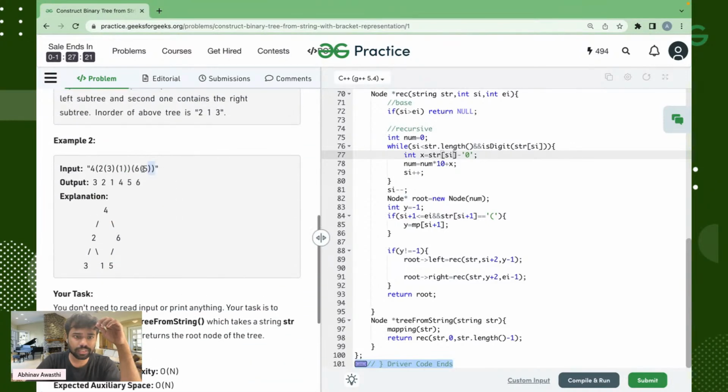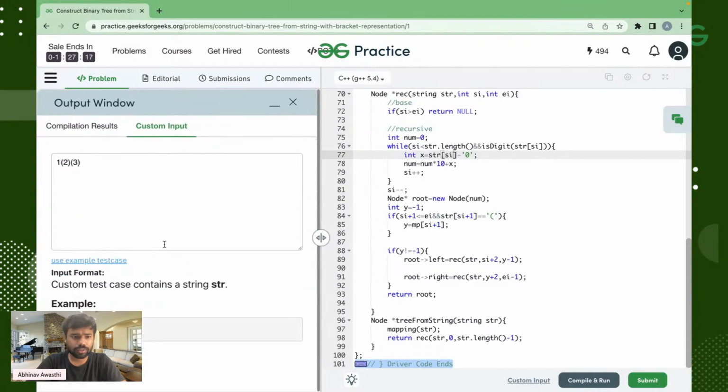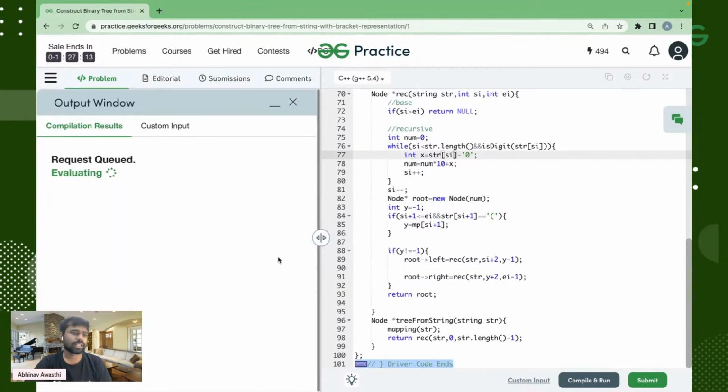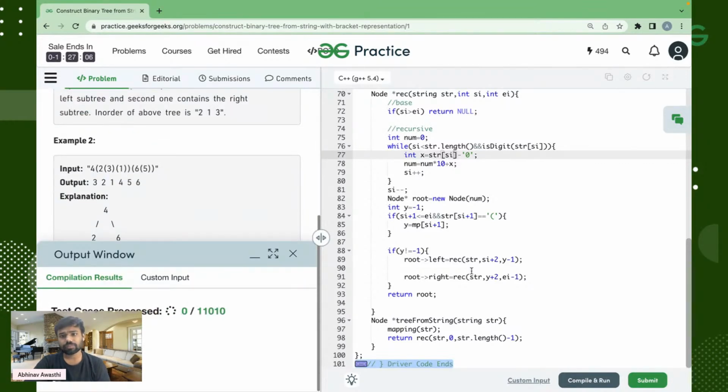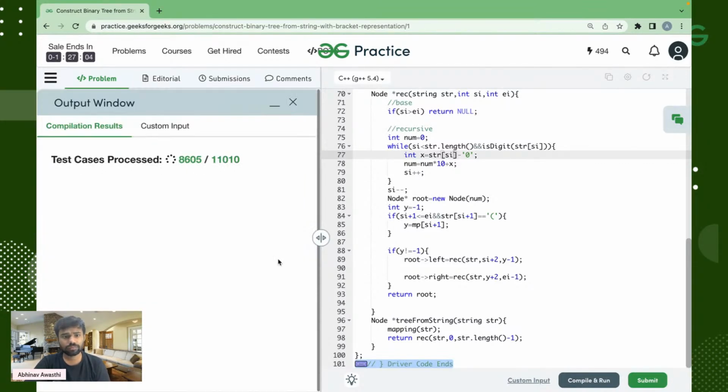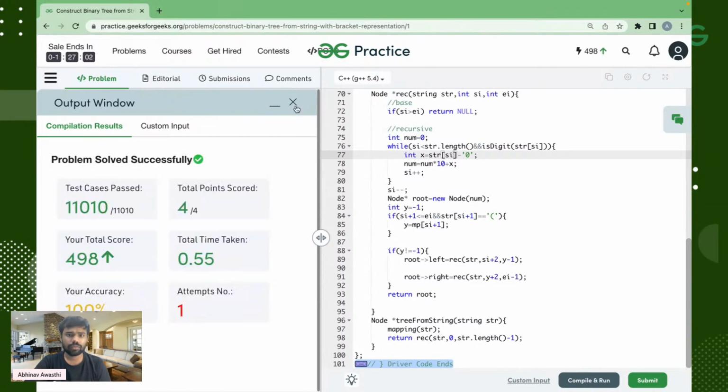Let's check for the second test case. That's quite more difficult. Let's compile it and then we will submit the solution. Yeah, let's submit it. Okay, we've got the right answer.